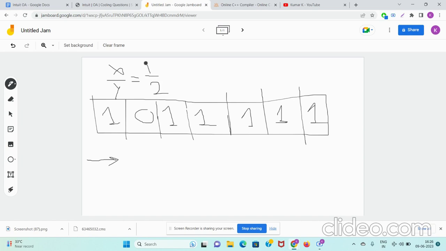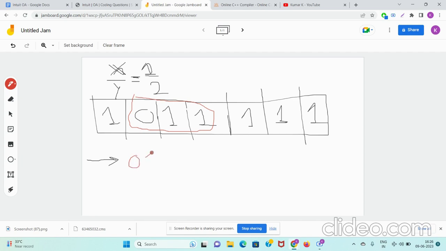It's very easy and it's really interesting. Okay, so what can we do? This is a valid subarray, guys. Can you see?